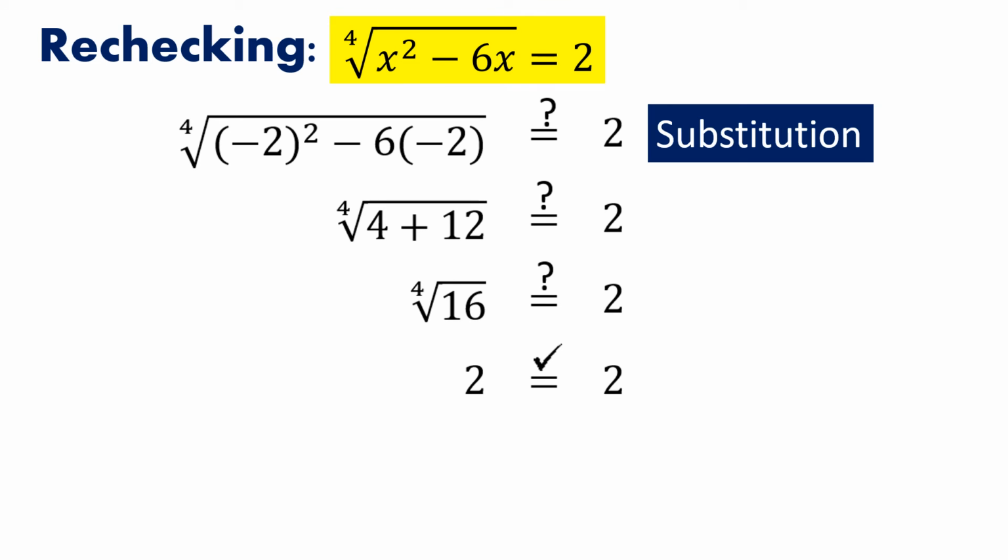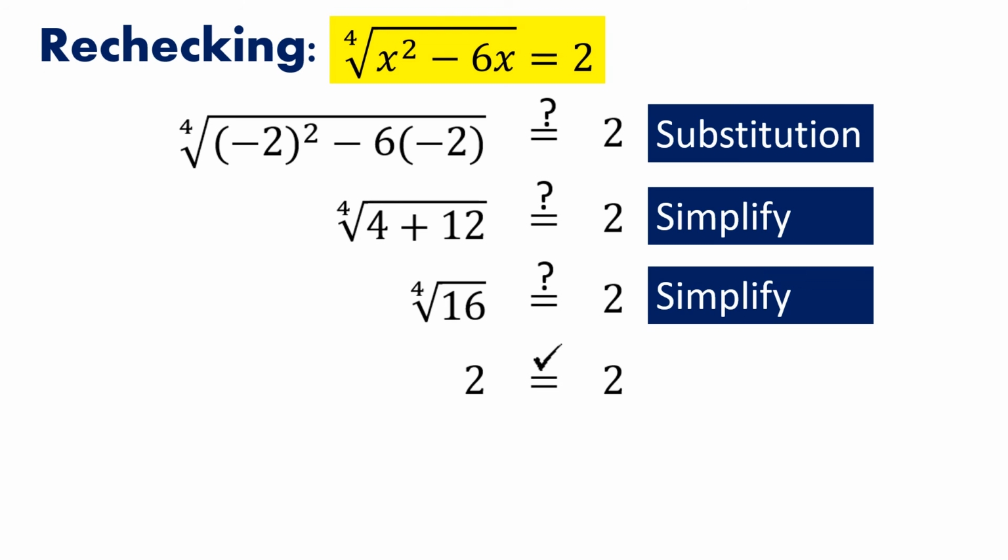If x is equal to negative 2, we substitute x equals negative 2, then simplify. The solution set of the radical equation is the set containing negative 2 and 8.